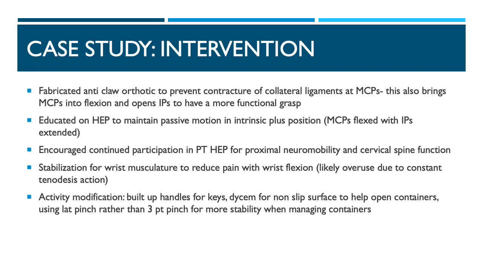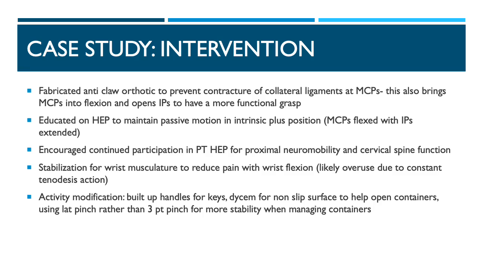During his therapy session, we didn't want to work on intrinsic strengthening because he had 0 out of 5 MMT, and he's had this wasting and intrinsic weakness for over 20 years. It's likely that the motor end plates for the intrinsic muscles are non-functional, so trying to get him to spread his fingers apart and bring them together, he's not going to be able to do that, so we did not focus on that.